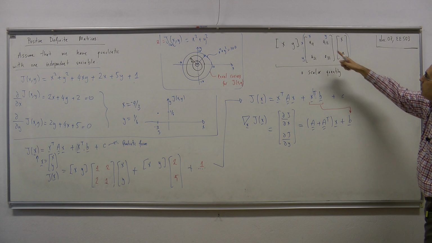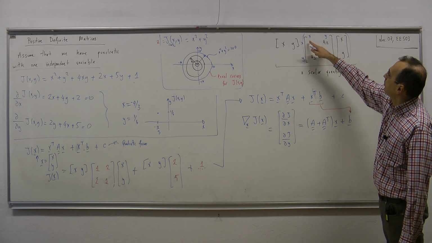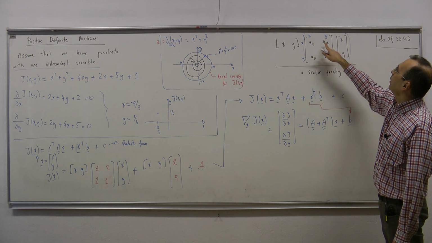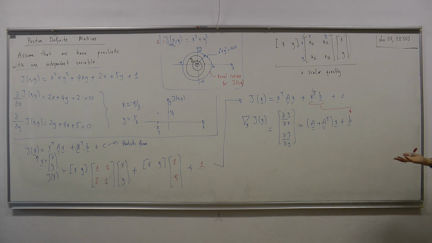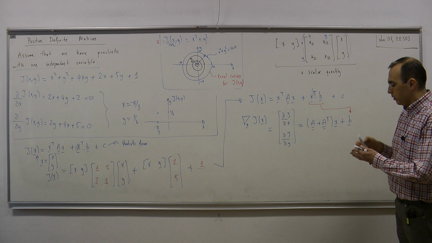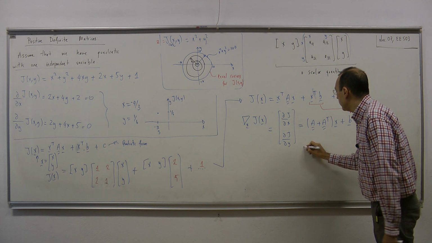So what do I see? I see the first column and first row of this matrix added up, okay? Well, let me explain this a little better.